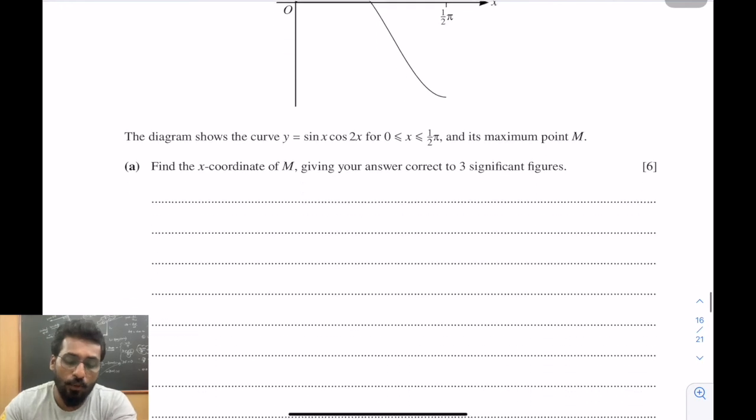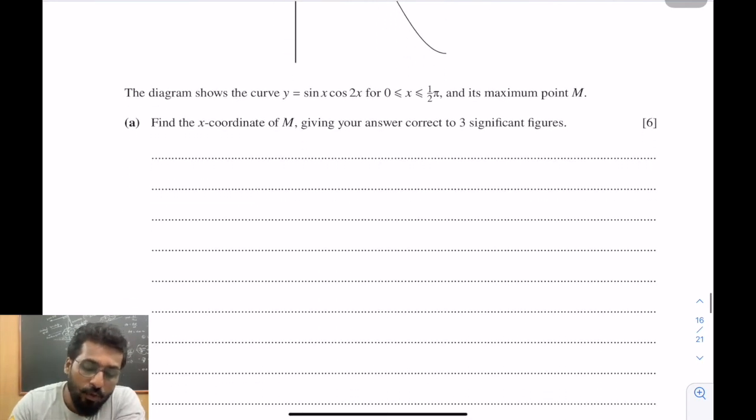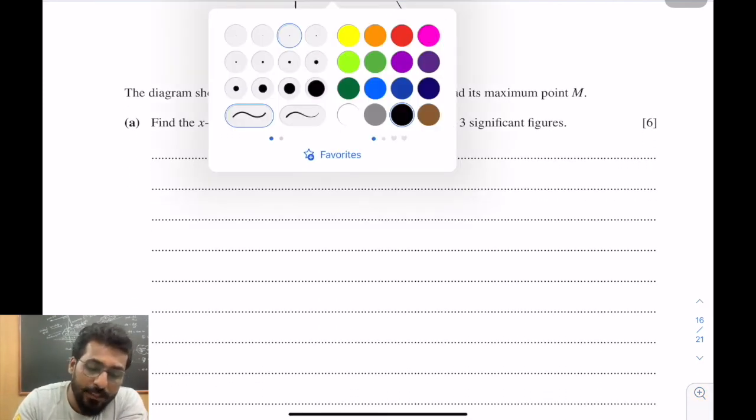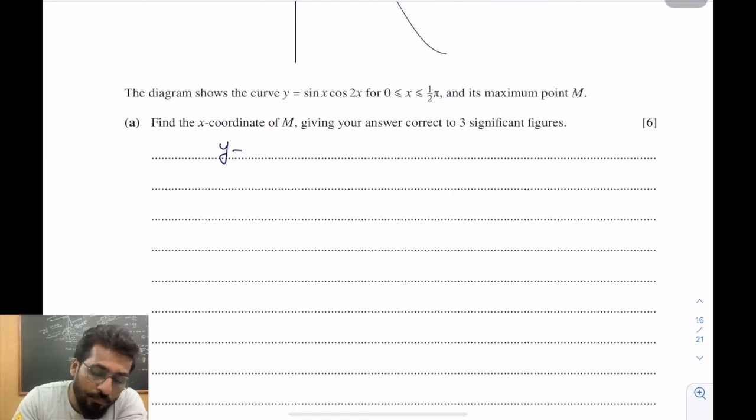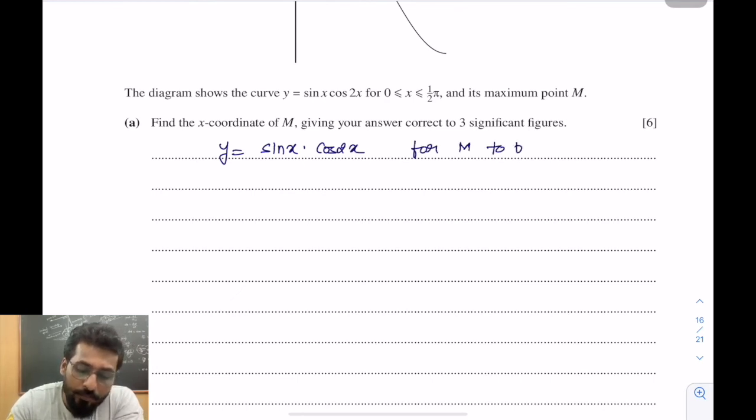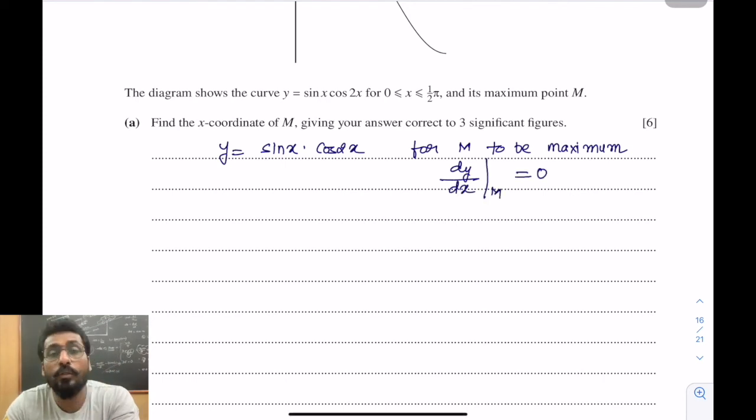So I have y equal to sin x into cos 2x. For M to be maximum, dy upon dx at point M must be equal to 0.